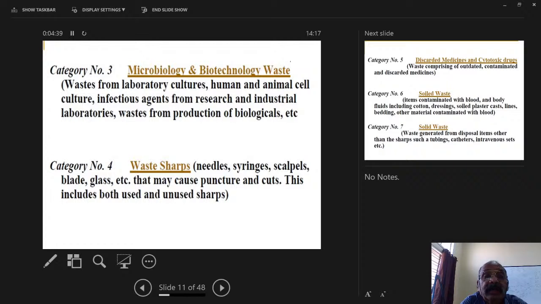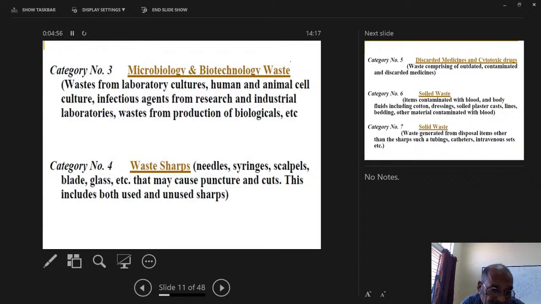Category 3, microbiology and biotechnology waste: waste from laboratory cultures, human and animal cell cultures, infectious agents from research and industrial laboratories, waste from production of biologicals, etc.